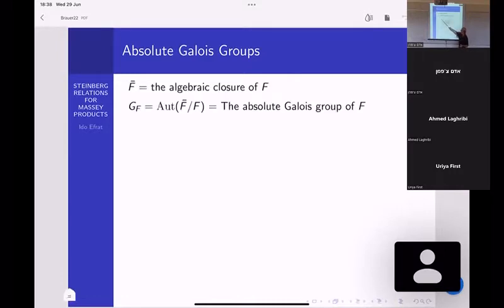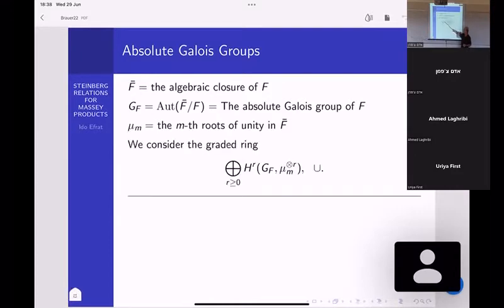G sub F stands for the absolute Galois group of F. And as always, I will denote by mu_M the Galois module of M-th roots of unity of F. And then we can speak about the cohomology graded ring, where in degree R we have H^R of the absolute Galois group with cyclotomic action, twisted R times, with the cup product. Still some well-known things, just to fix the notation.